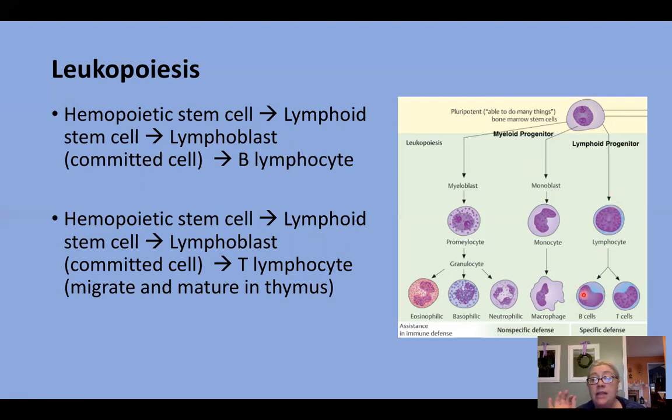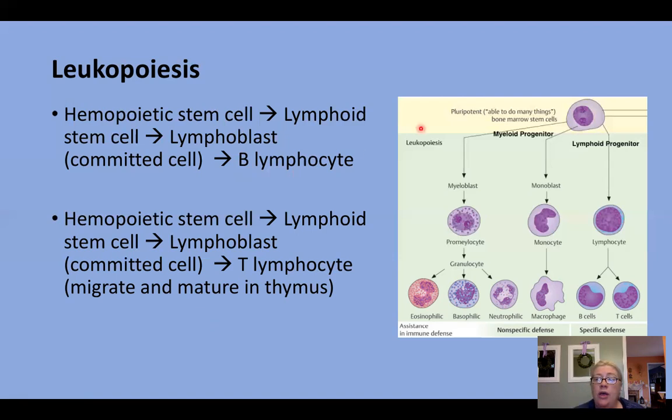This all happens in the bone marrow. So hemopoietic stem cell, lymphoid stem cell, lymphoblast, to the B lymphocyte, all in the bone marrow. And you can remember that it happens in the bone marrow because that's exactly why it has this B prefix before lymphocyte, to remind you that this happens in the bone marrow.